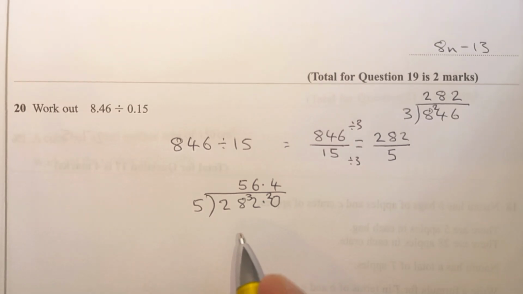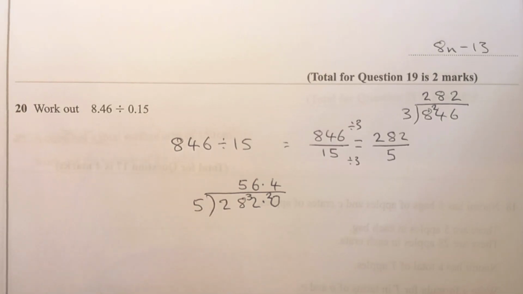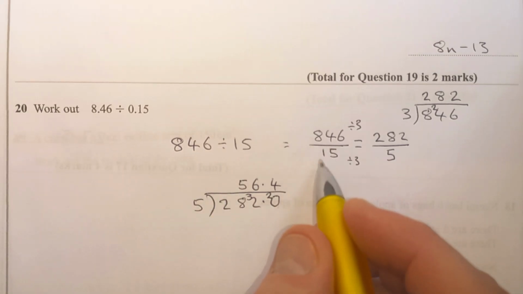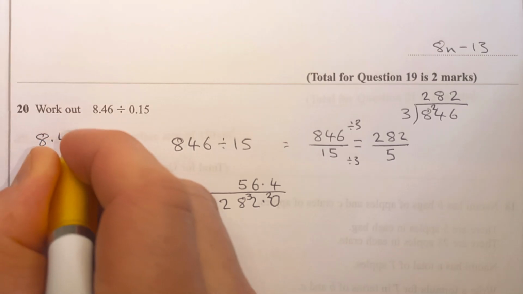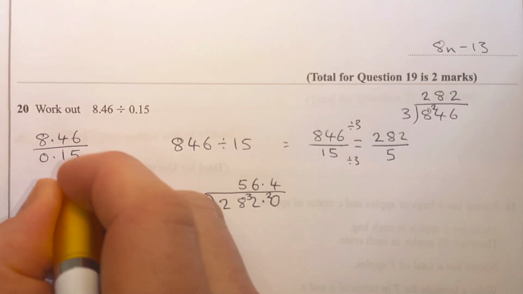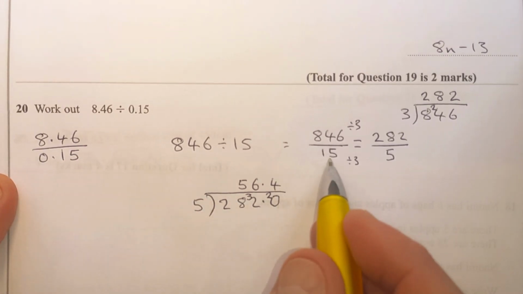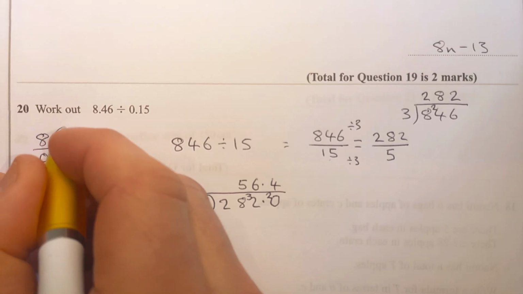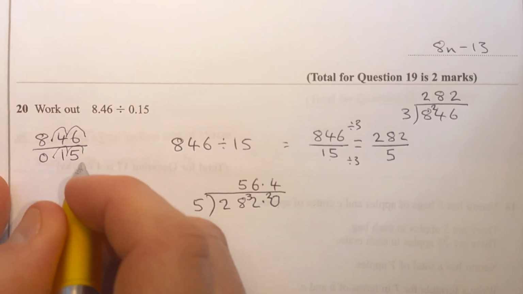But if you remember, we had 2 decimal places, 2 decimal places. If you think of this as a fraction, we wouldn't normally have decimals written as fractions, but if we had written it like this, you'd see, well, to get from here to here, effectively we've moved the decimal point twice to the right on the top and twice to the right on the bottom.